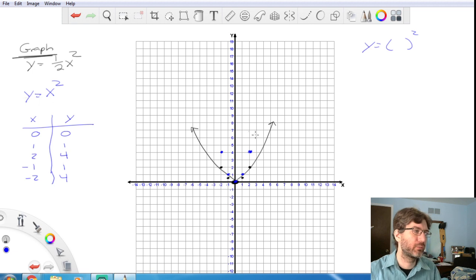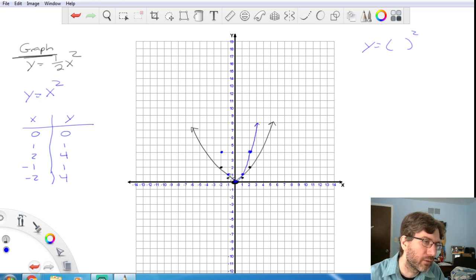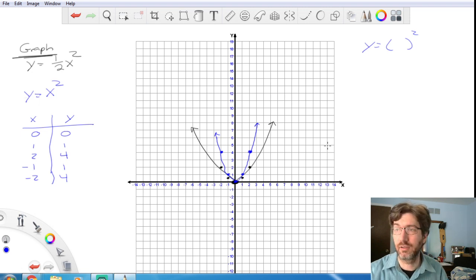So again, you can use the symmetry to help you out there. And this one's going to look like this. Again, sorry about the drawing. I'm not the greatest with the stylus. But it's going to look like that.